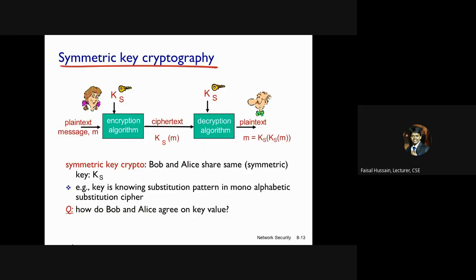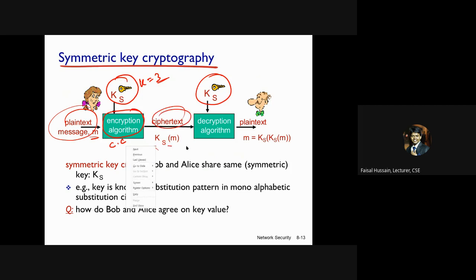So in this symmetric key cryptography, what is the process? The Caesar cipher is also a symmetric key cipher, as we said that a shared key will be used, one key for encryption and the same key for decryption. Here the key is k equals 3, and the encryption algorithm is the Caesar cipher. Using this key value, the Caesar cipher will convert the plain text message M into the cipher text KSM.